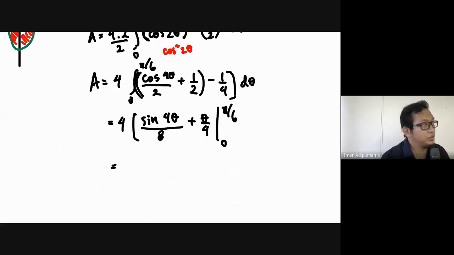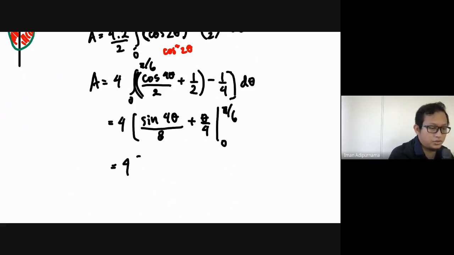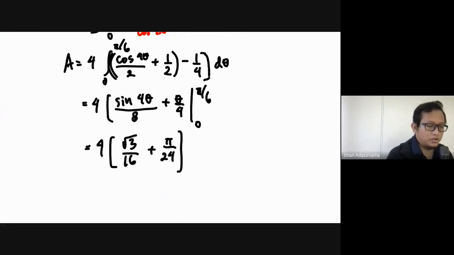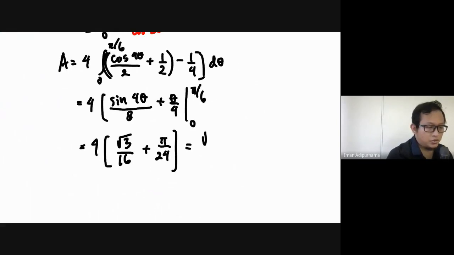So sine 2 over 3 pi is square root of 3 over 2. So it should become 16, and it should be pi over 24. And 0 will make the whole expression 0. So the result is square root of 3 divided by 4 plus pi over 6.